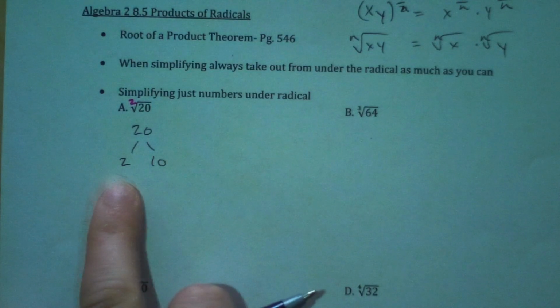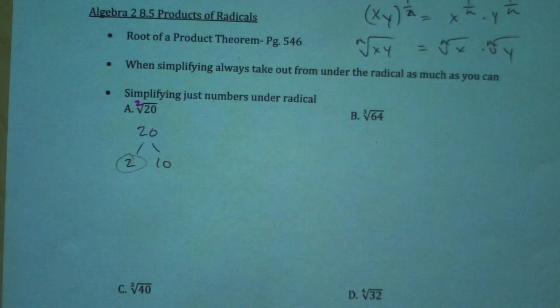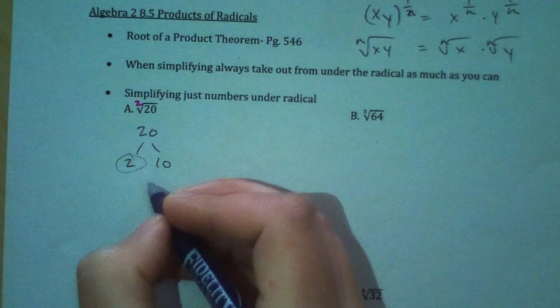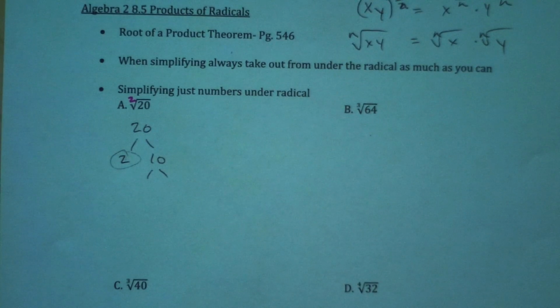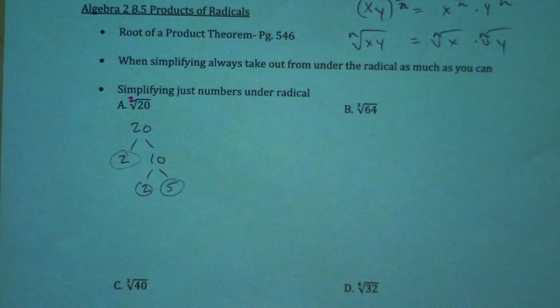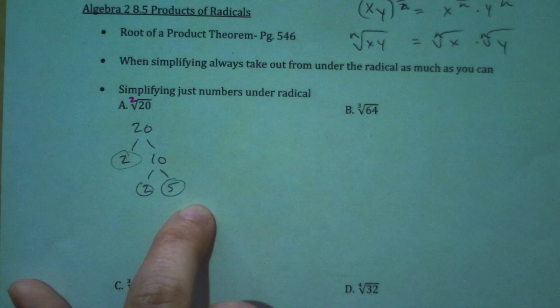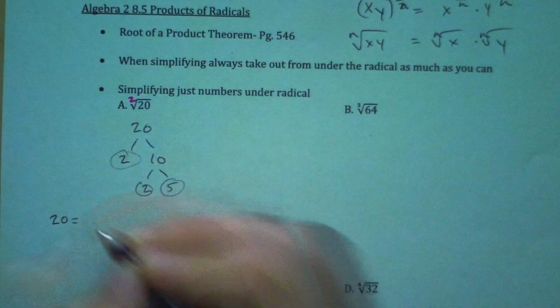And then 10 we could keep breaking down, right? What would 10 break to? 2 and 5, right? And aren't both of those prime? So that would be as far as we can go, breaking it down to our primes. Then we take all of our primes, and I always write it as 20 is equal to, because that's the number we were breaking down, 2 times 2 times 5.